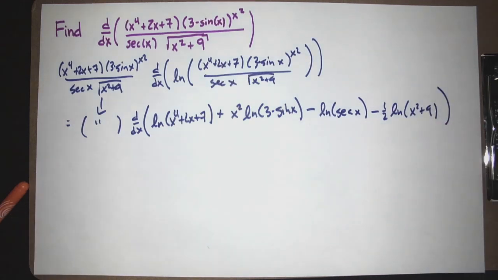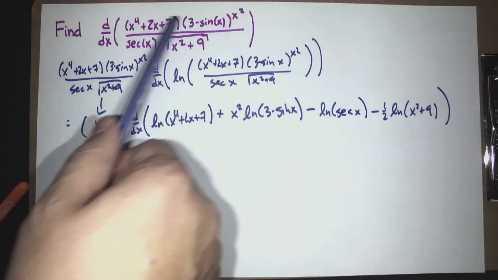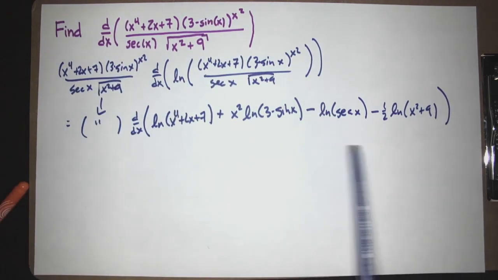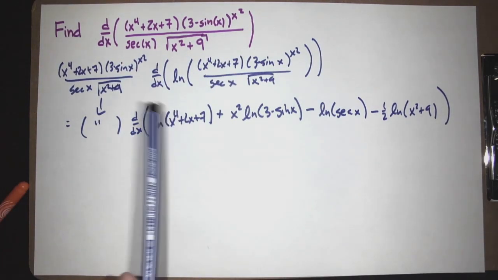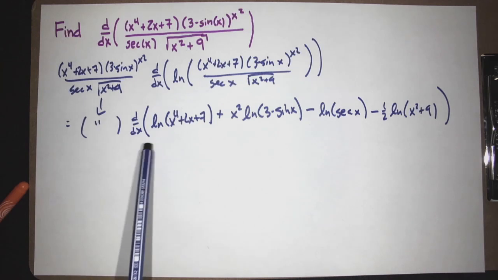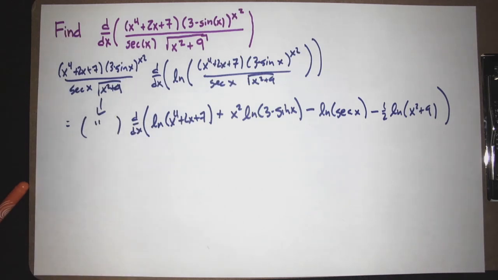Now, question. Would you rather take this derivative or this derivative? The second one, because we are reasonable, smart people, and because we love ourselves. We want to be kind to ourselves. And so, of course, we take the second one.